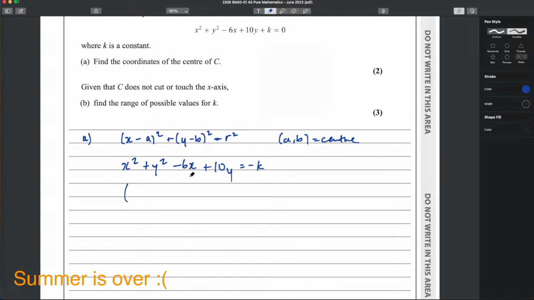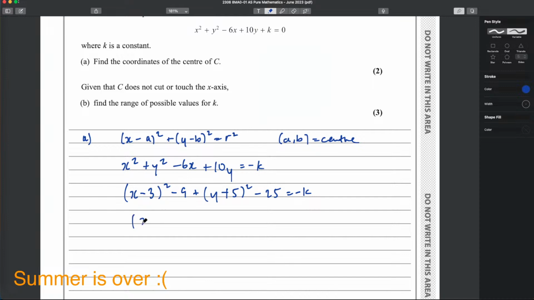So then we can use completing the square. Or I guess k does not have to be negative, because we're going to have these positives to add to it. So completing the square to get it in this form, we will have x take 3 all squared take 9, plus y plus 5 all squared take 25 equals negative k.